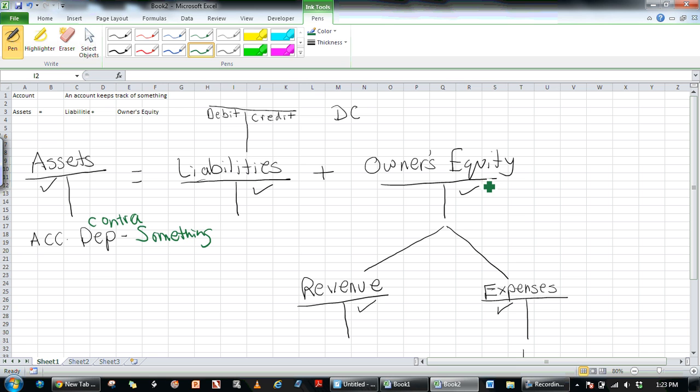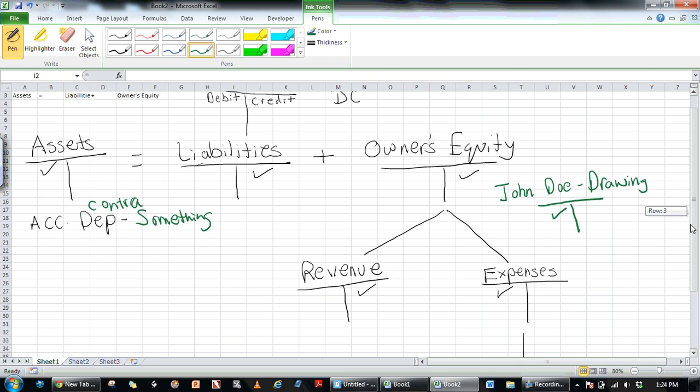In owner's equity, we've learned about the drawings account. If you think about it, the drawings account is really a contra owner's equity account because it decreases owner's equity, and that's why it increases on the opposite side.